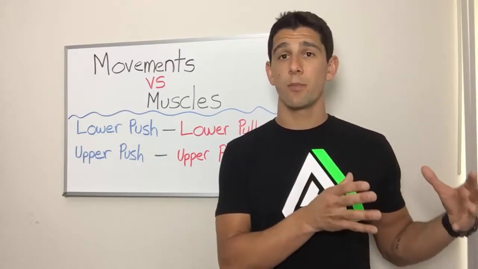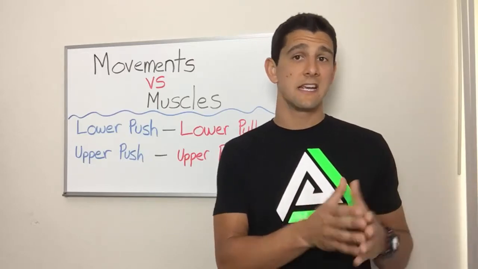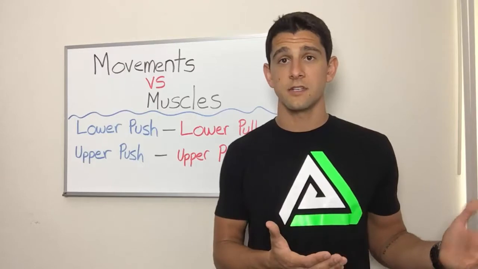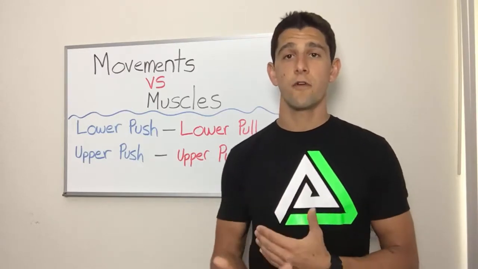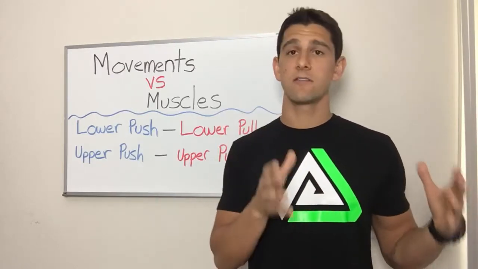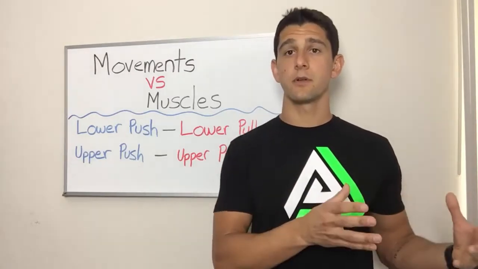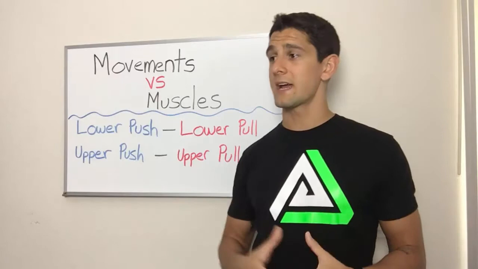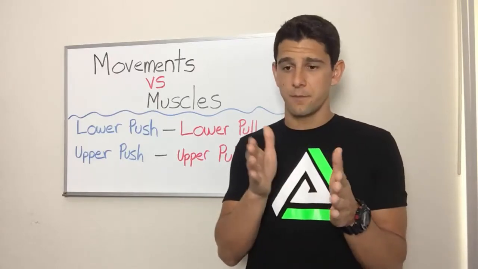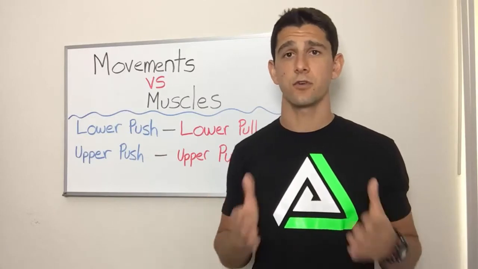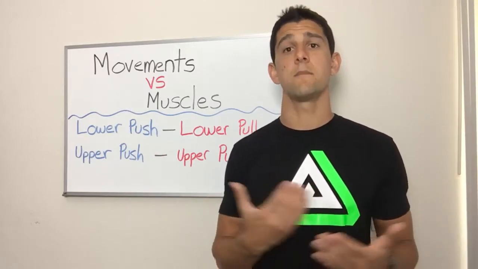The reason they were able to pull off these training splits in the 70s, 80s, 90s is because most of them were on steroids. And they could then recover from these intense, massive workouts. But everybody else in the fitness industry just follows what bodybuilders used to do, and we read muscle magazines and we follow these training splits. And it's not the most effective strategy for you if your goal is just to be fit and be healthy.